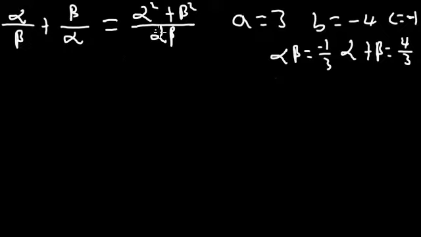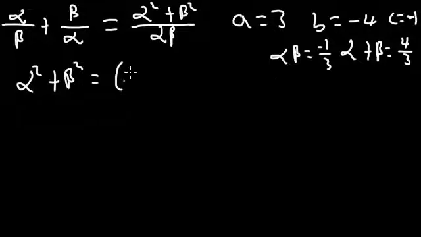Now, alpha beta, we got that already as negative 1 over 3. But what about alpha squared plus beta squared? Earlier, we have provided the answer to that, so we can just bring it back. If you could recall properly, we said alpha squared plus beta squared is simply alpha plus beta all squared minus 2 alpha beta.